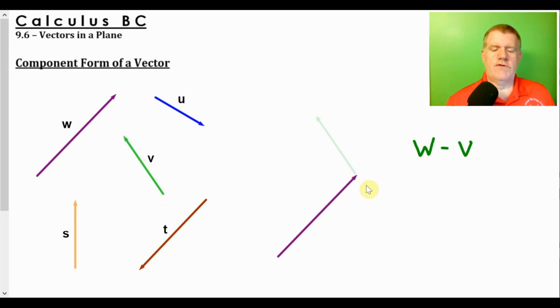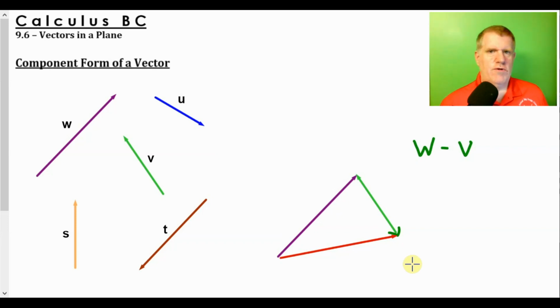We're going to make it go the other direction. So we are actually going to have this V go this way. And that gives us a resultant vector of this. So it is very easy to manipulate vectors in that way. Adding them together, multiplying by a scalar, subtracting them, those kinds of operations.